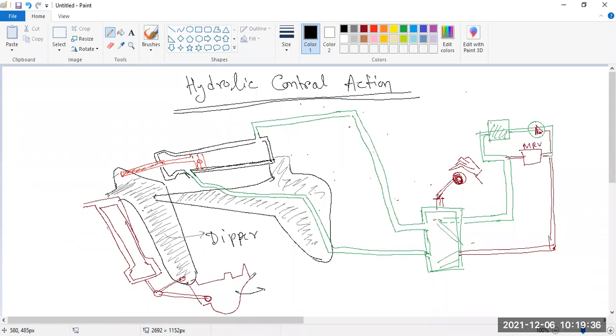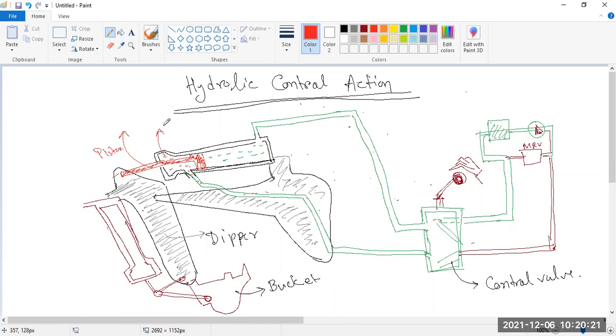This is for the bucket. This is the control valve, and this is called the piston.